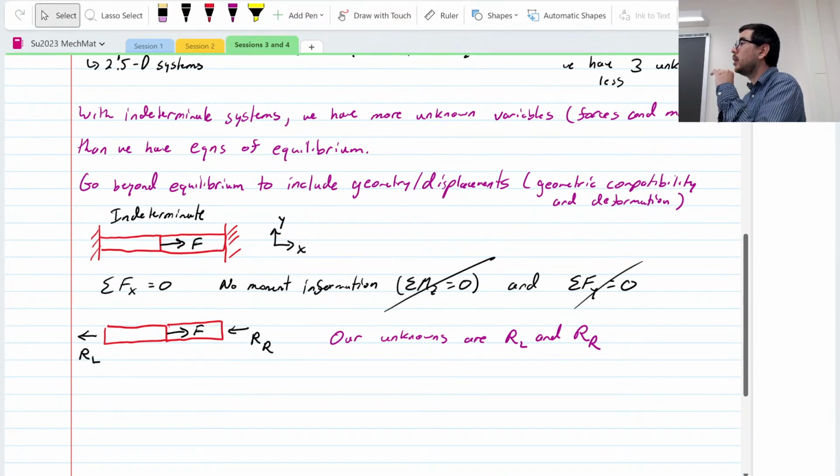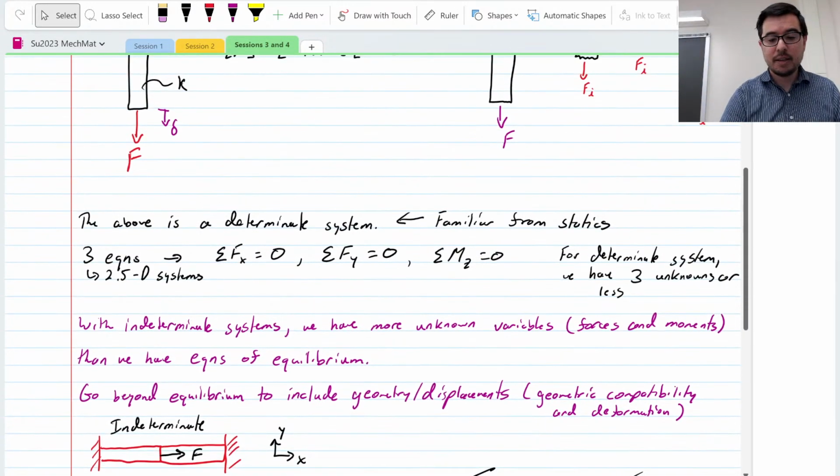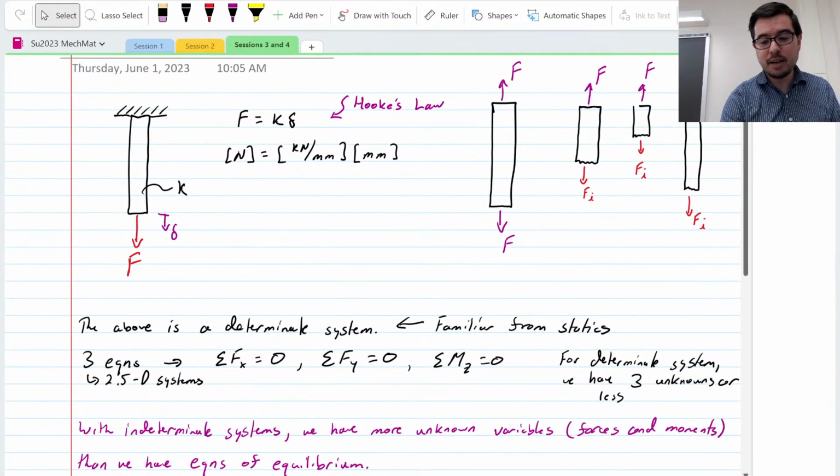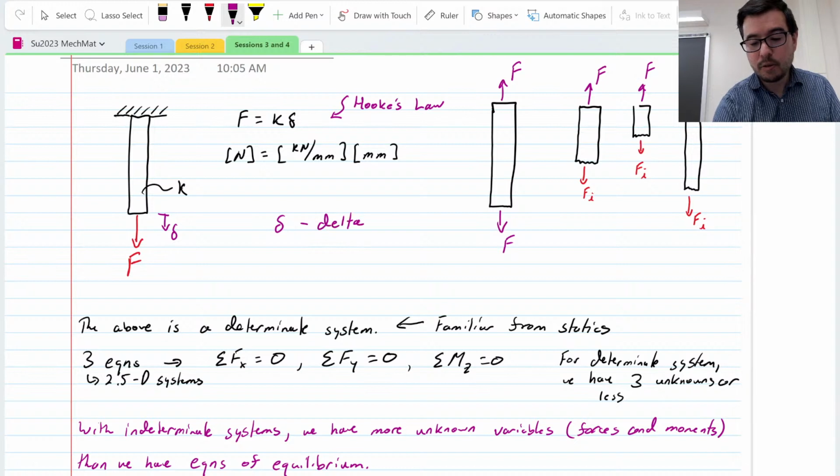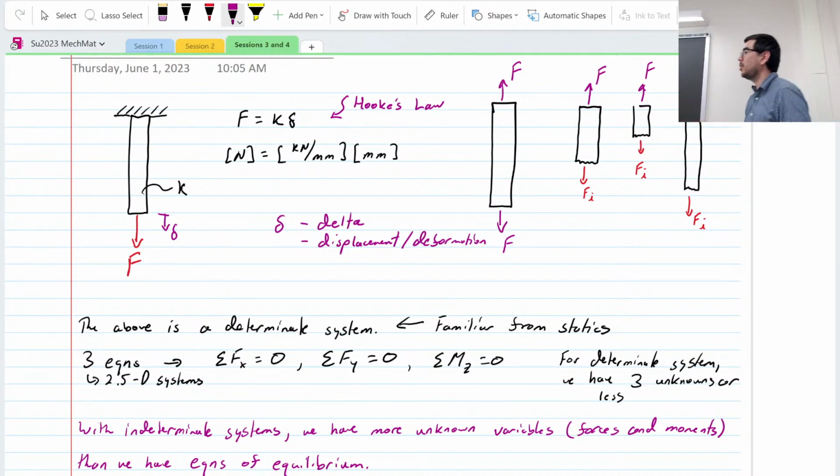What's the question? What's that symbol? Oh, this is delta. It's not the best looking delta, but delta is what we use for displacement or deformation. Thanks for asking the question, Matt.